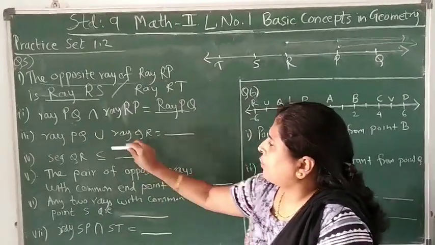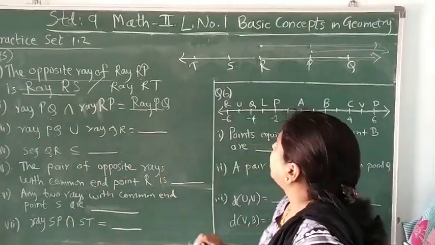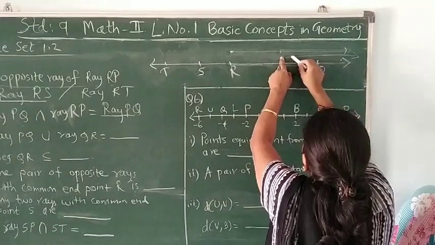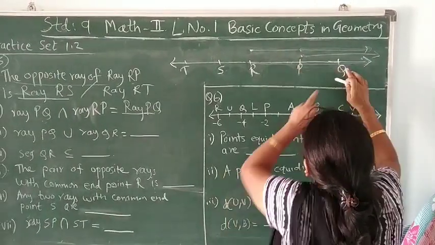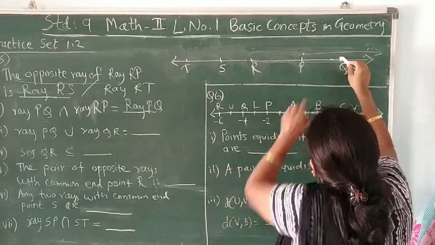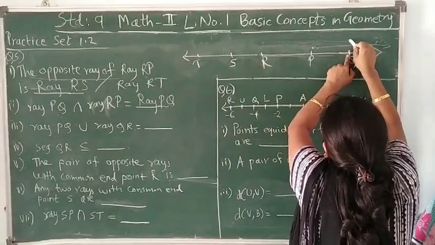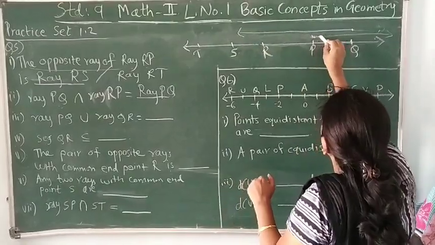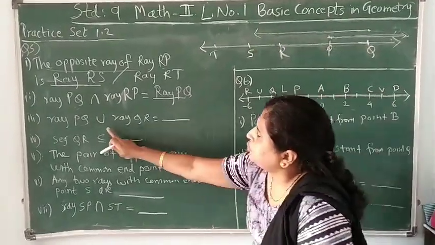Okay. Now what is the third? Ray PQ and ray QR, union. Ray PQ starts with P going towards Q. And the other one is ray QR, starting with Q and going towards R. So from here going in this direction, these are the two different rays given in the question, and we want their union.